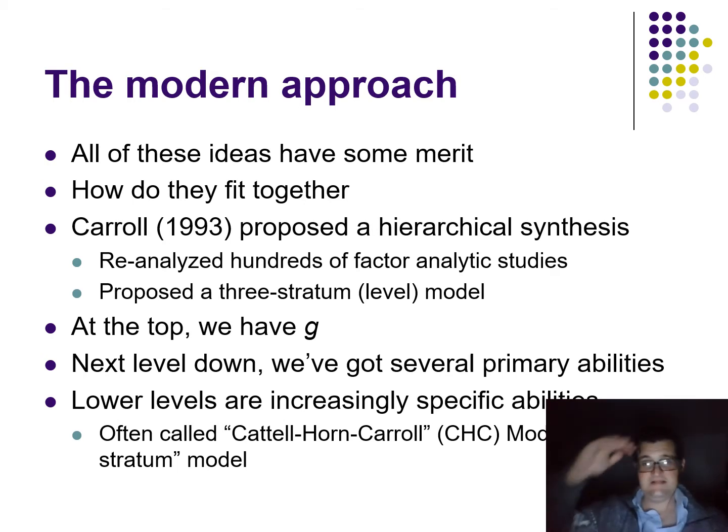There are three levels, and at the very top, you have something that is essentially Spearman's G. It is basic intelligence. It is just your capacity to learn, reason, do those sorts of things.